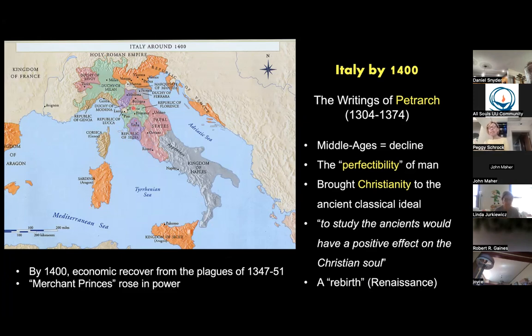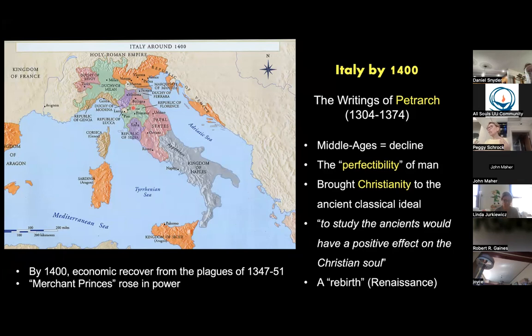And it's the writings of Petrarch in the 14th century that have given us our sense of what we used to think about the Middle Ages. Petrarch was the one who talked about the Middle Ages as a decline, just a loss of everything, and saw his own age as a new age.